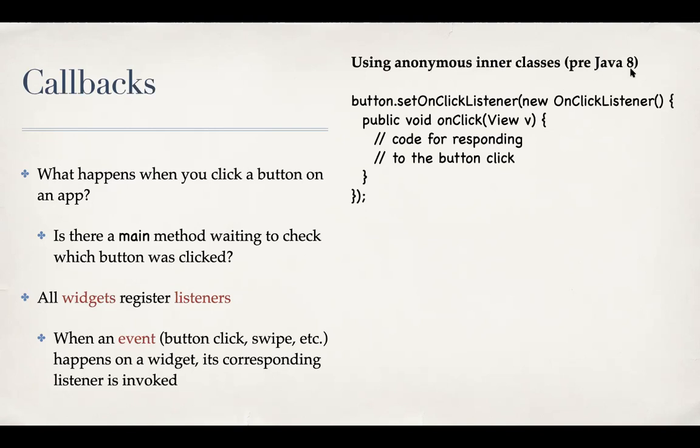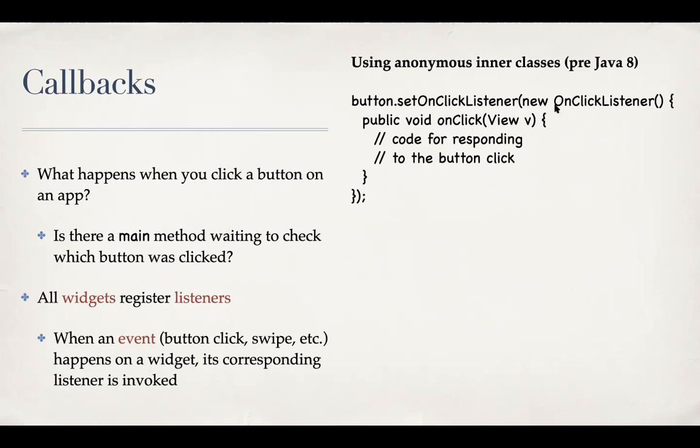Before Java 8, before integrating functional programming in Java, you would implement it using what's called an anonymous inner class. So the buttons have a method setOnClickListener, which is supposed to get a parameter of type OnClickListener, and OnClickListener is a class in which you implement the method onClick.